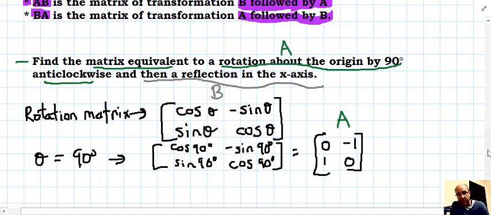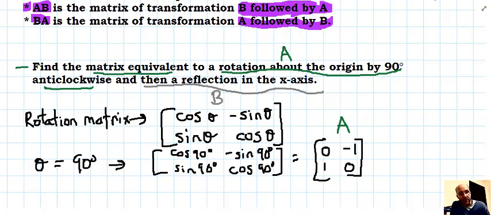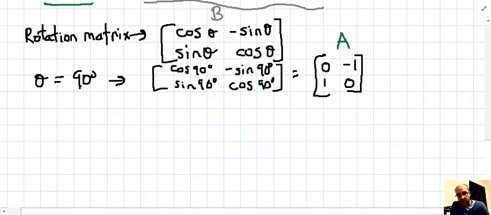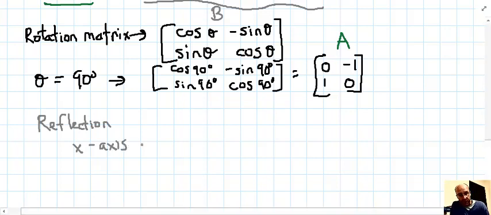And for B, it says a reflection in the x-axis. So we need to recall that reflection in the x-axis. If you think about a Cartesian plane, reflection in the x-axis, the y values will be the negative of what they originally were in the image.